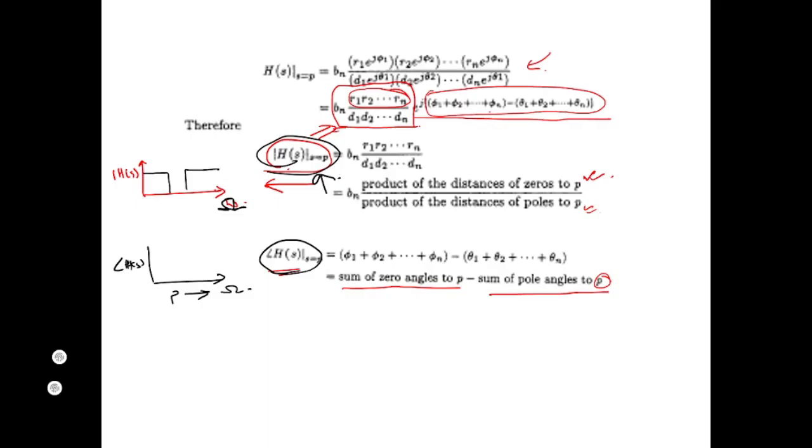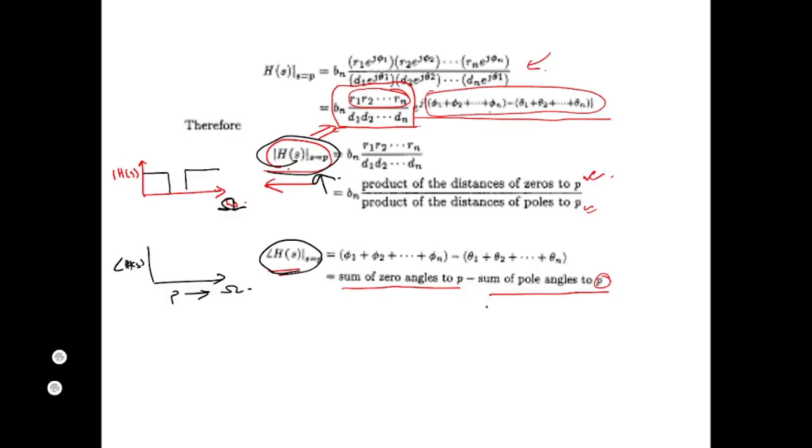Similarly, if we can find out the angles between the x-axis, x-axis means parallel to the x-axis, and the direction of this vector, then that would give us the phase response.